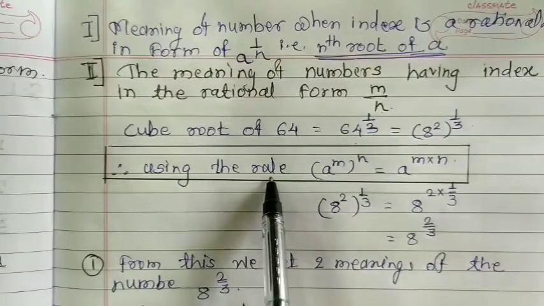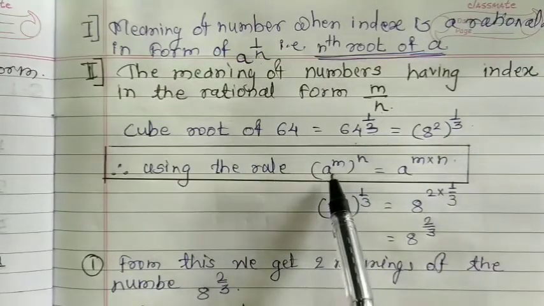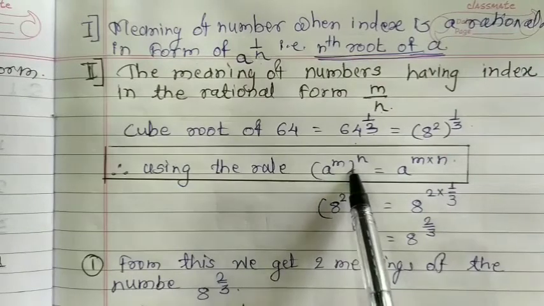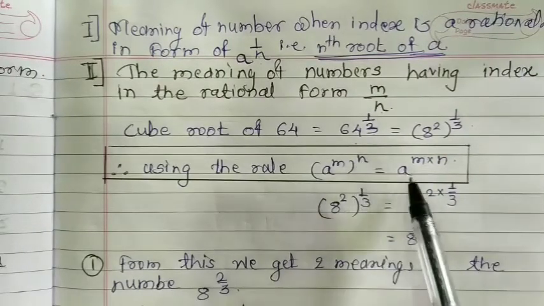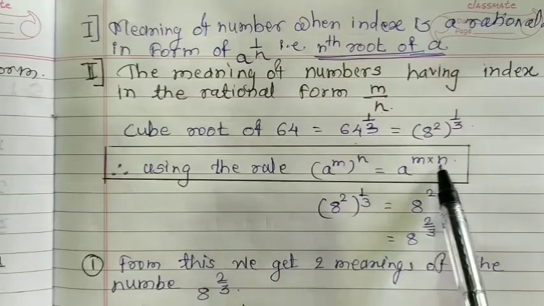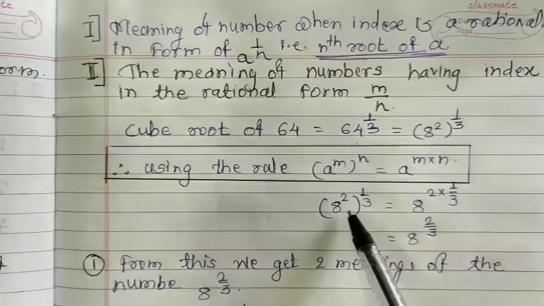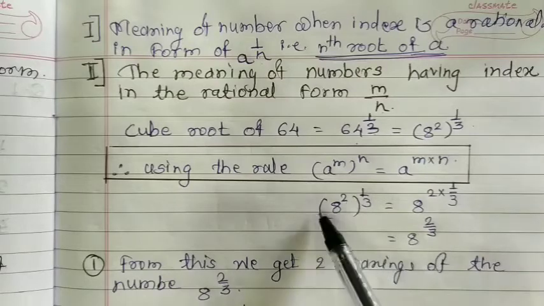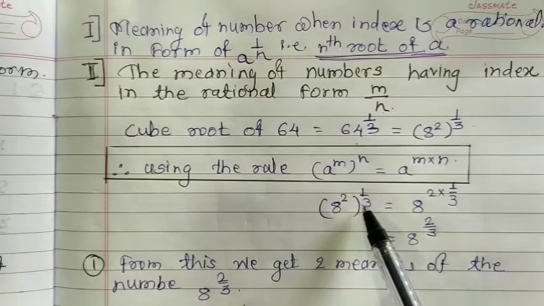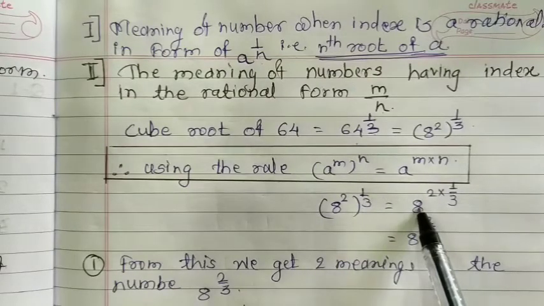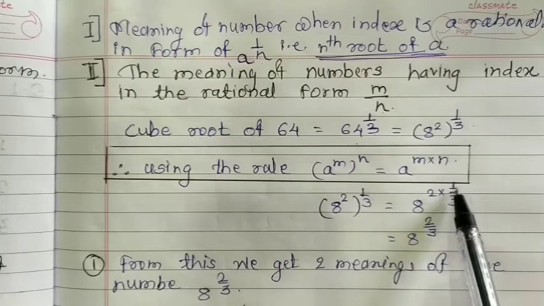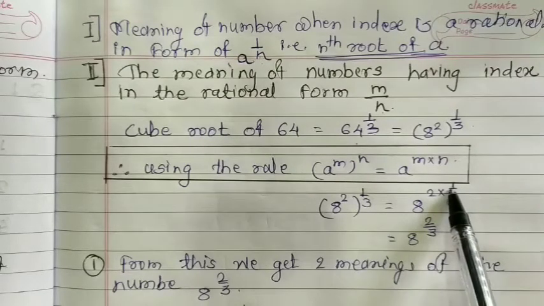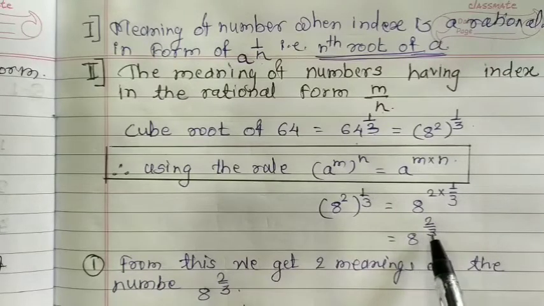Then by the rule (a raised to m) raised to n, there is multiplication of the indices. Hence (8 raised to 2) raised to 1 upon 3. We multiply the indices, 8 raised to 2 into 1 upon 3, and we get 8 raised to 2 upon 3.